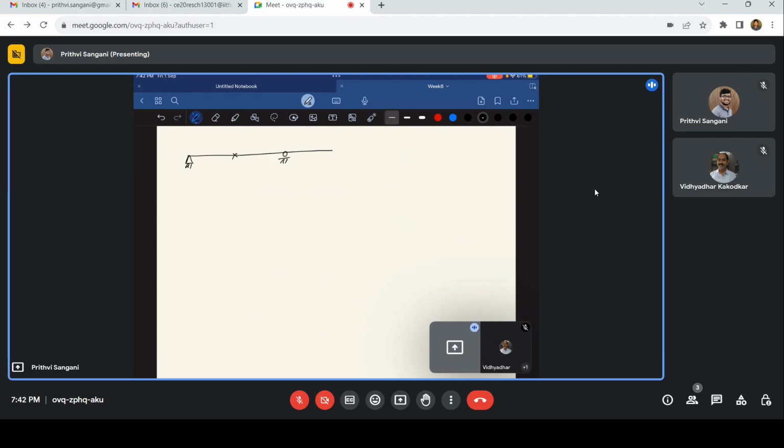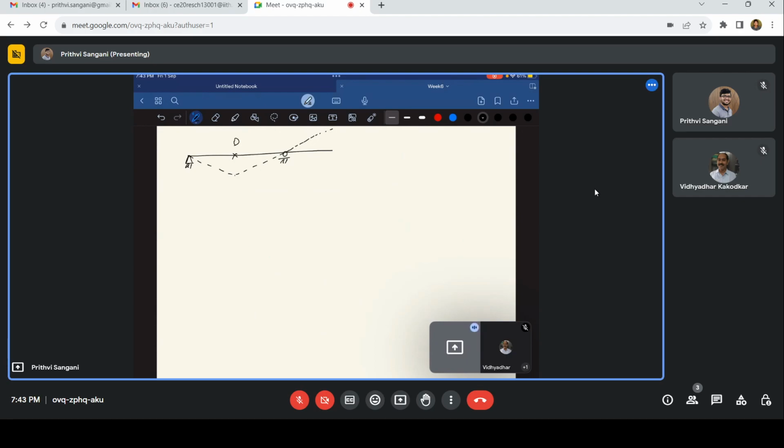This is a hinge, and I'll try to rotate it in such a way that I form the deformed shape. So the deformed shape will be my influence line diagram for the bending moment at that position.